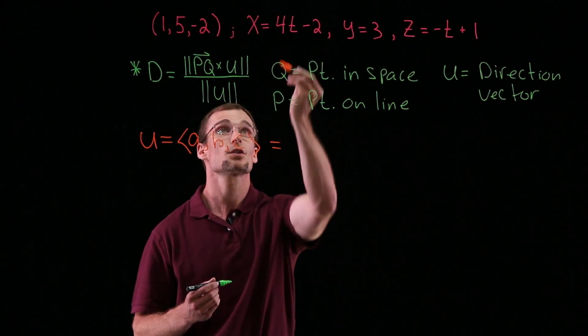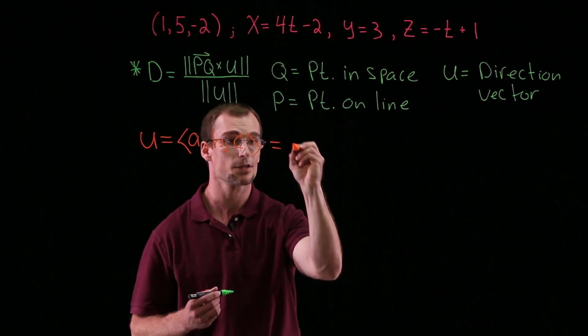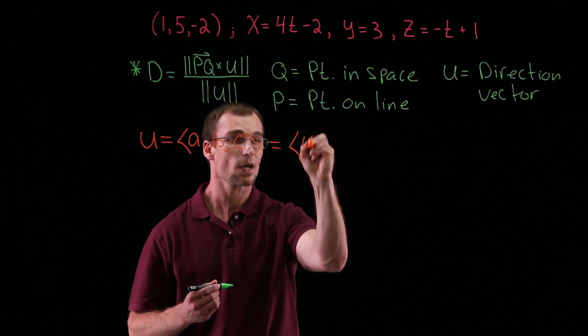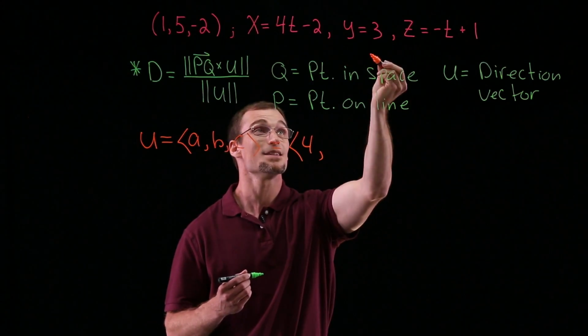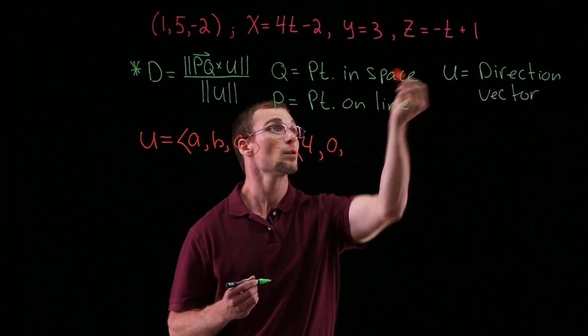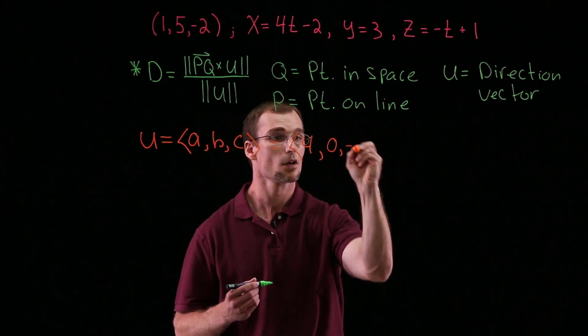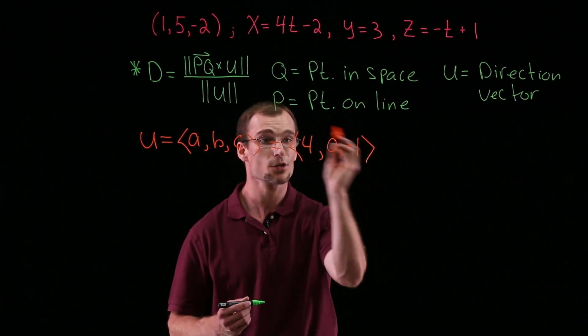So a is 4, from x equals 4t minus 2. b is going to be 0, since there is no t term. And c will be -1 from z equals -t plus 1. So there's our direction vector.